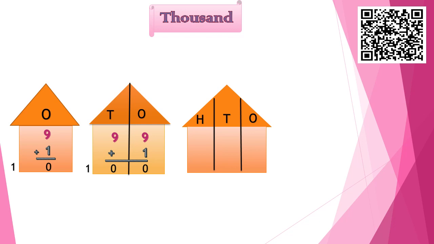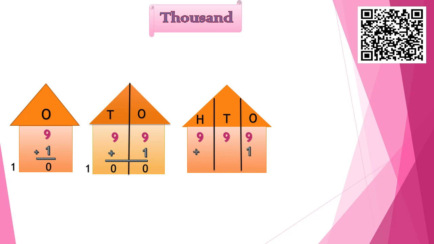The greatest number I can put inside this house, I need the greatest 3-digit number. The greatest digit is what? 9. So I need 3 nines for these 3 rooms. So the greatest number is 999. Okay, I will add 1.